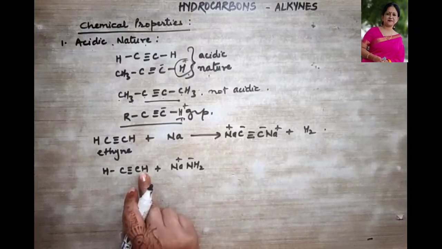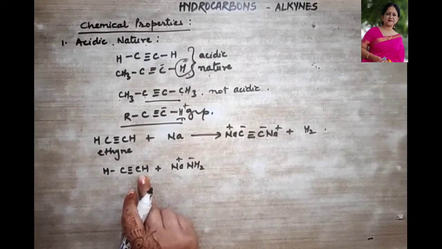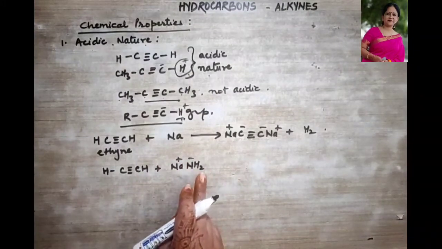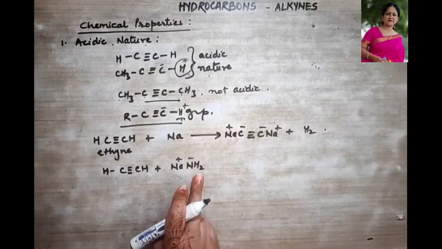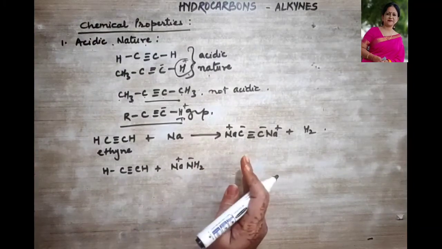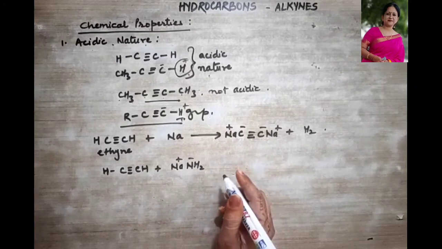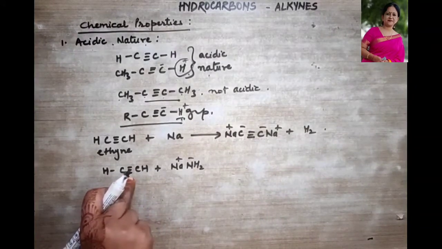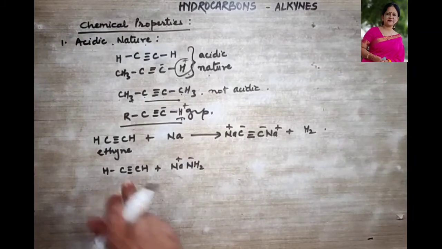So over here what will happen? This hydrogen, the proton of hydrogen, will be given to NH2, right? And it is going to give out ammonia gas, and therefore we say that ethyne over here will behave as a weak acid.